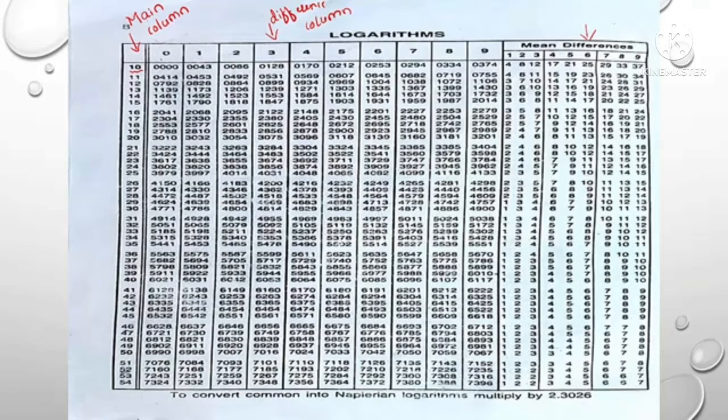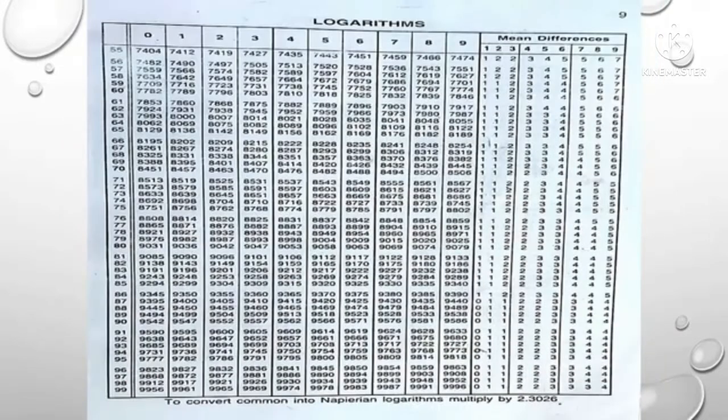Here we have the numbers up to 54. After that it starts with 55 up to 99. Now I will give you an example. Suppose I consider log of 1234. This value we have to find using a log table.